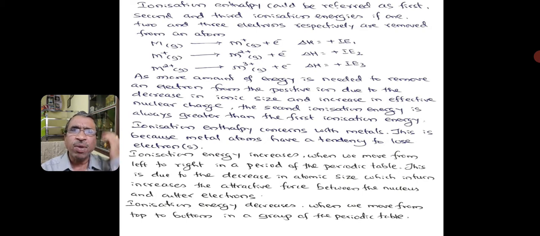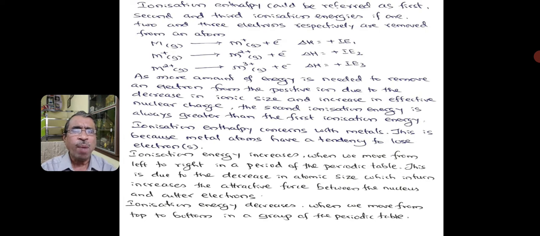In the second ionization energy, the unipositive metal ion in gaseous state turns into the bipositive metal ion in gaseous state. Dipositive metal ion in gaseous state turns into the tripositive metal ion in gaseous state by eliminating an electron. This becomes third ionization energy.